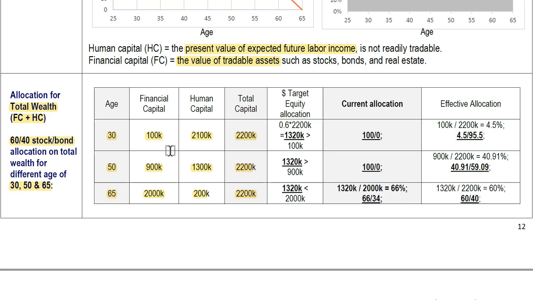Remember, we need to do 60-40, so 60% of your total wealth has to be allocated into equity. 60% of the 2.2 million equals 1.32 million.